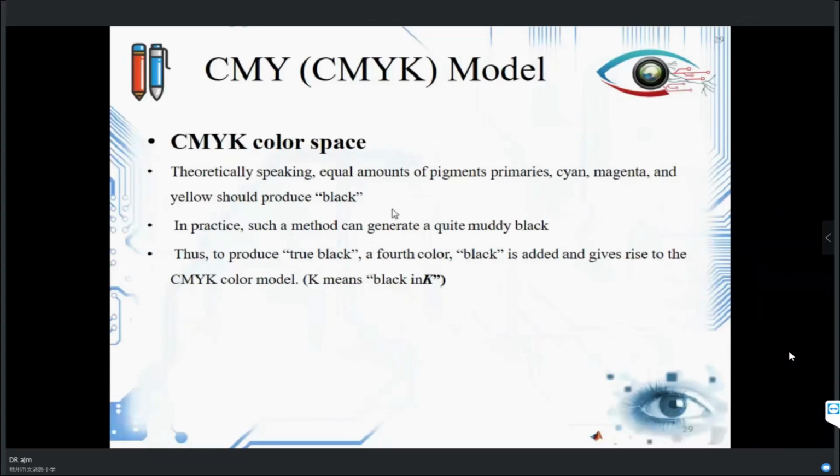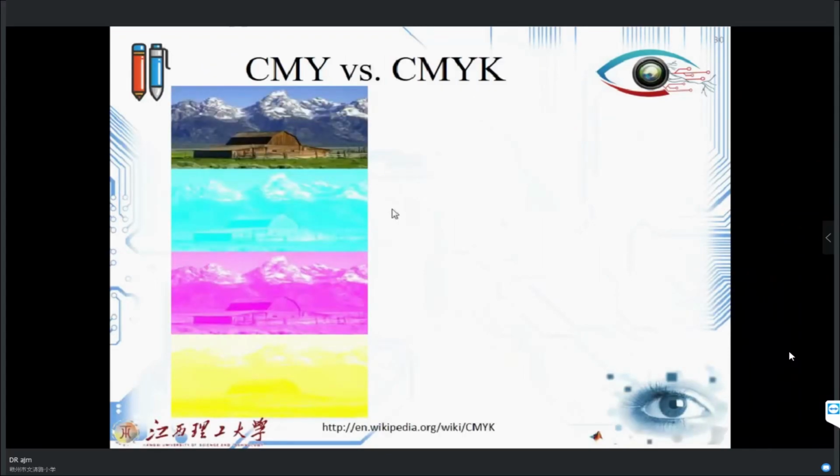Then, if we want to produce the true black, a fourth color of black should be added, giving rise to the CMYK colors. K means the black. Okay, now we understand why we have the CMYK in the model. Let us see CMY and CMYK, in which we now add the black color also to the image.